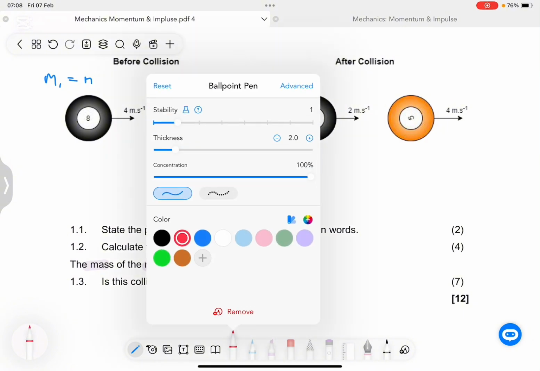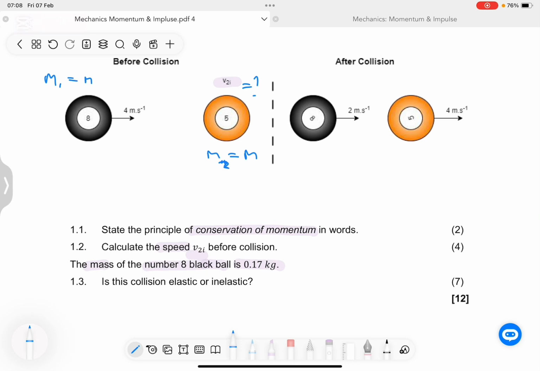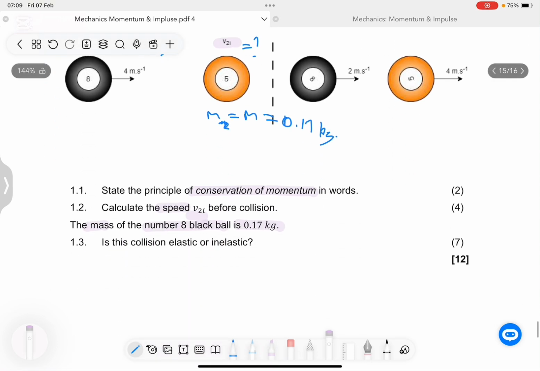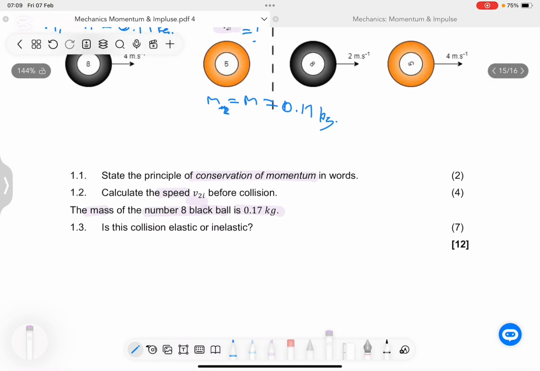So this mass that we called m is now 0.17 kilogram. By default, it also means the mass of the orange 8 ball should also be 0.17 kilogram. The reason is that these two balls are identical, meaning they're exactly the same. They only vary with color.